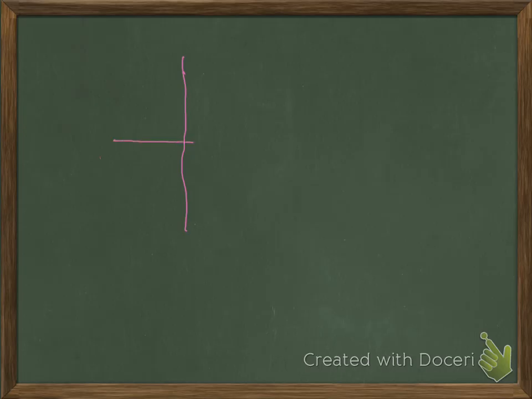Okay. So, say we've got these axes here. If we were not talking about complex numbers, these would be the x and y axes. But because we're talking about complex numbers, the x axis is what we call the real axis, and the y-axis is the imaginary.